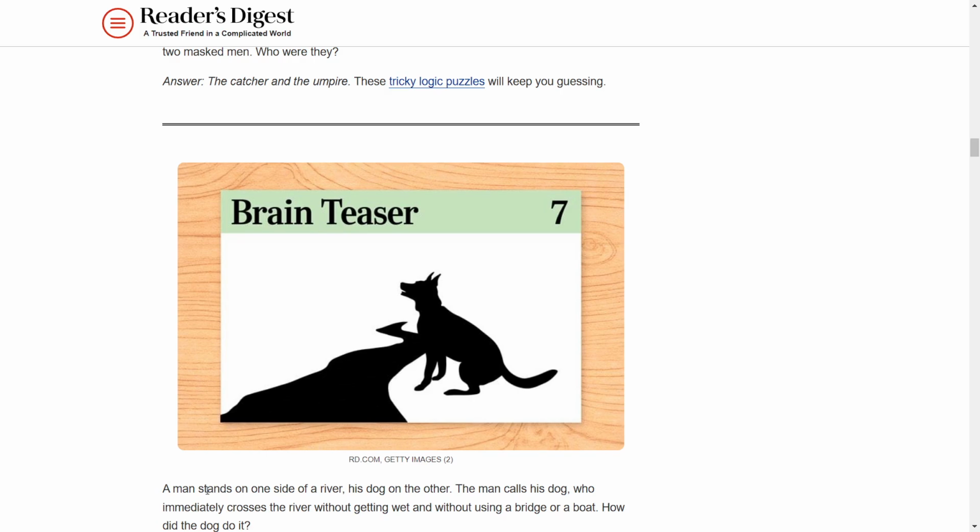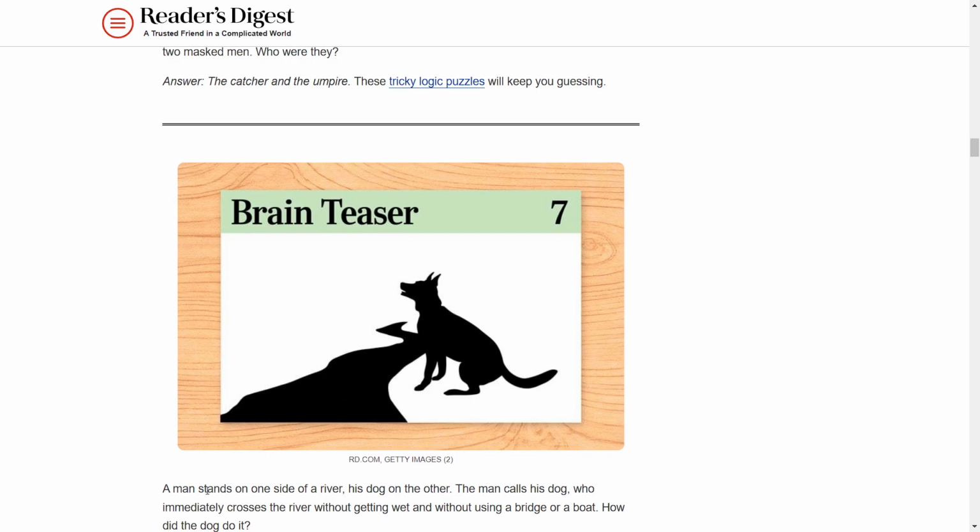The next one could be that the river is very small and the dog just jumped over it. Then there could be, what else? Without getting wet and without using a bridge or a boat. I guess if the river is very small, it would still be able to jump over it. Anything else? If without using, he immediately crosses it.